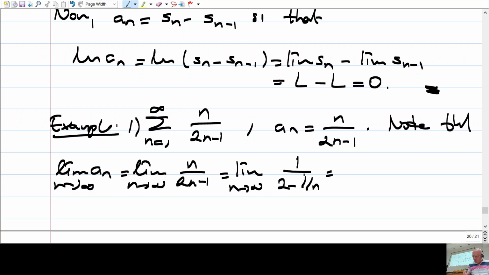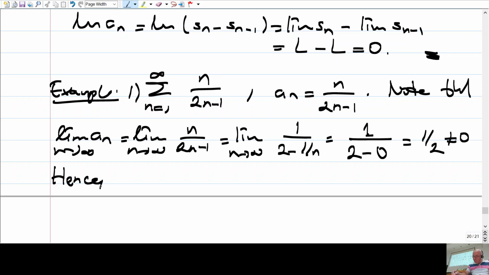The numerator is constant, so it goes to 1. The denominator goes to 2, and 1 over n goes to 0 as n goes to infinity. So this limit is 1 over 2. The limit of a_n exists, but it is not 0.